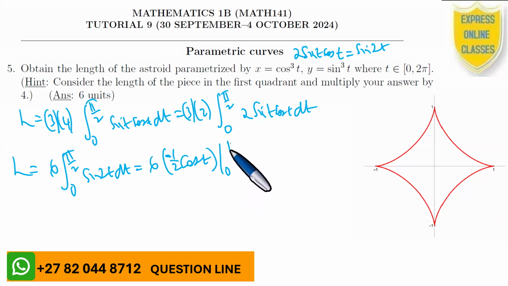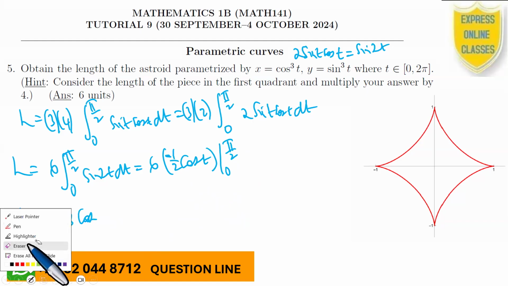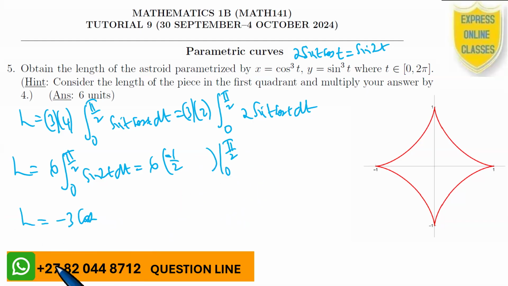From 0 to pi over 2. 6 times minus 1/2 is minus 3. It's going to be cosine 2t still: minus 3 cosine of 2t from 0 to pi over 2 radians.